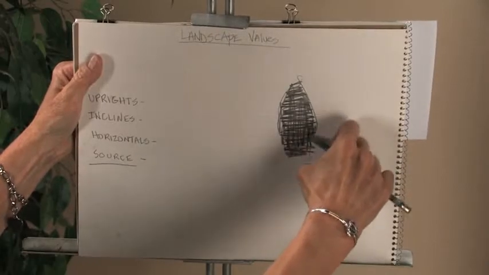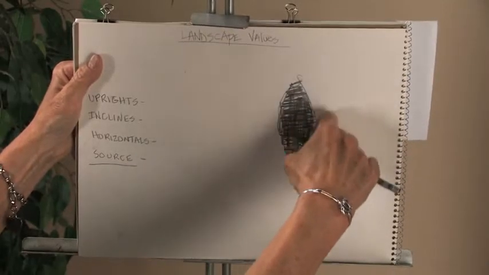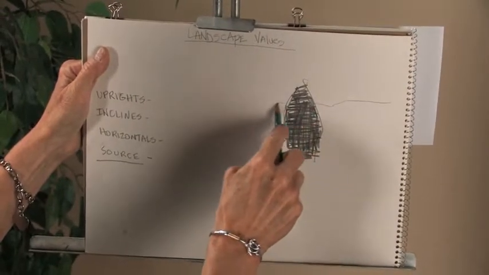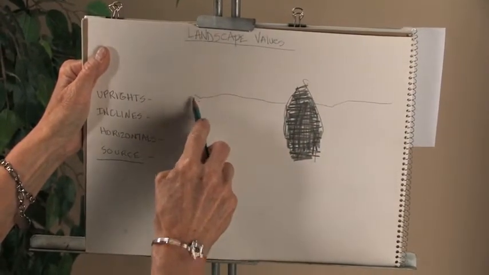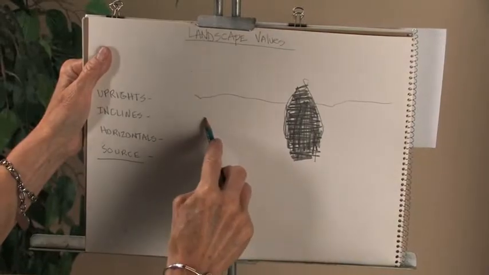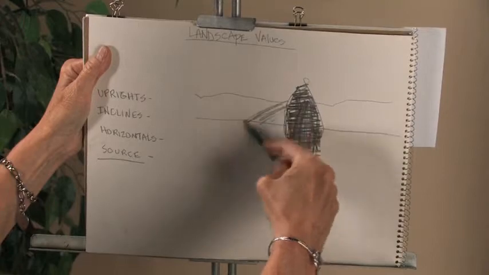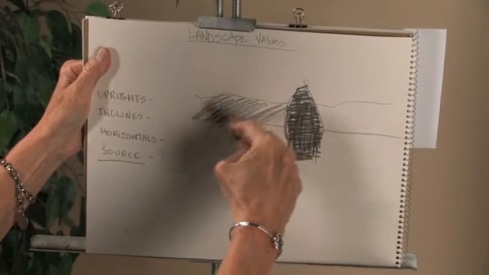Now the next darkest thing are going to be like inclined planes, and that has to do with rooftops, and a lot of times, like where I paint, I have a lot of mountains, so that will be usually the mountain shapes. That will be the next dark.